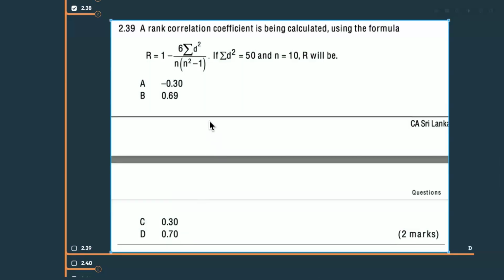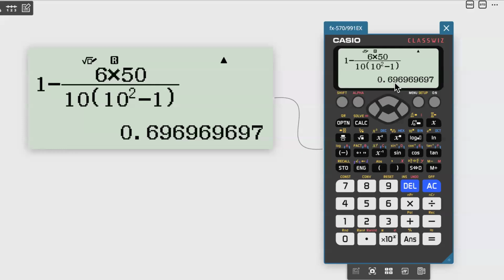So D is the answer, not B. You see how much clarity they expect in the questions. If you give 0.69, the answer is wrong, because 0.69696967 is the actual answer. If you give it to 2 decimal places, you have to have the correctly rounded figure. If you are rounding this, you have to look at the third place. This is 6, so you have to round the number up. So 0.70 is the correct one.